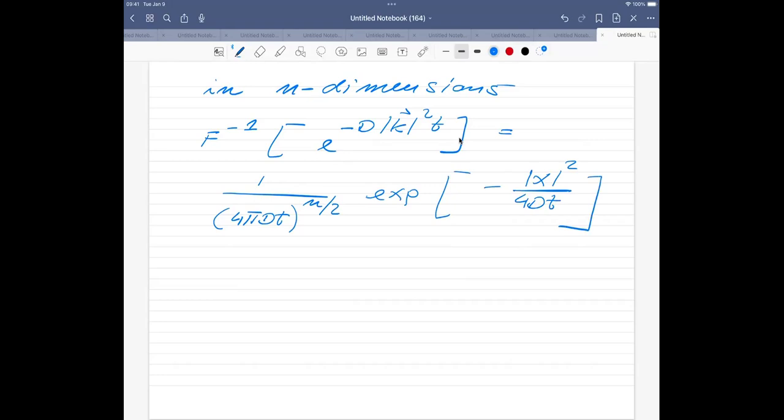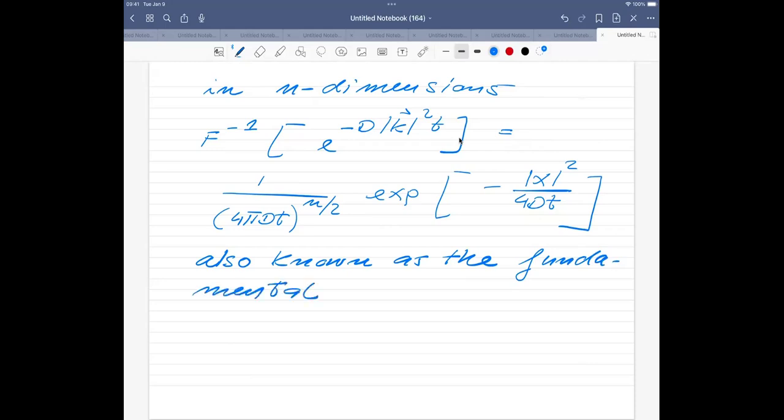So this distribution actually has a name. This is also known as the fundamental distribution of the diffusion equation.